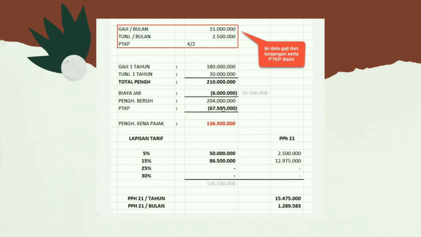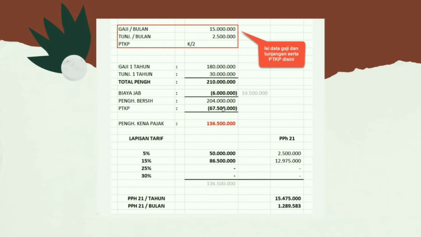Here 5% of 210 million is 10,500,000, but according to the rules the maximum is only 6 million in 1 year or 500,000 per month. So we enter a maximum of 6 million, and you get the net income.